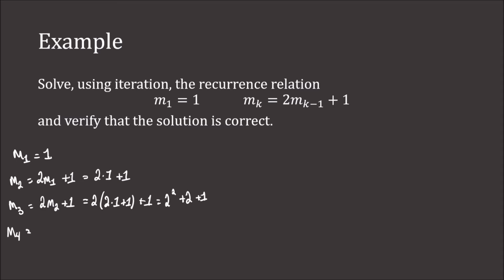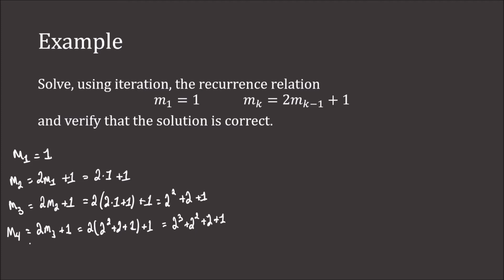M sub 4 is 2 m sub 3 plus 1. So it's 2 times (2 squared plus 2 plus 1), plus 1. And so this is 2 cubed plus 2 squared plus 2 plus 1.